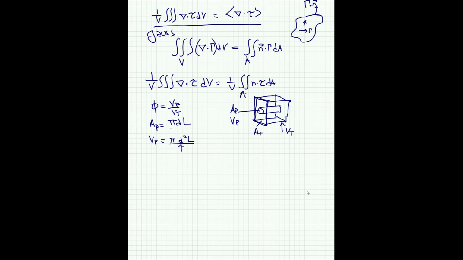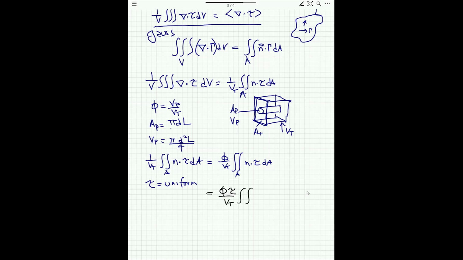Okay, so if we go back up here to our integral, now, if we say that tau is uniform, then it comes out of the integral, and we just get this. And in that case, this term here just gives us the surface area of the pore.